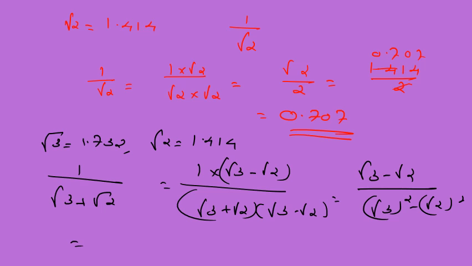So what is the value of root 3? 1.732 minus 1.414 by 3 minus 2. Now you subtract and simplify. What is the answer? 0.318. Okay. Next question.